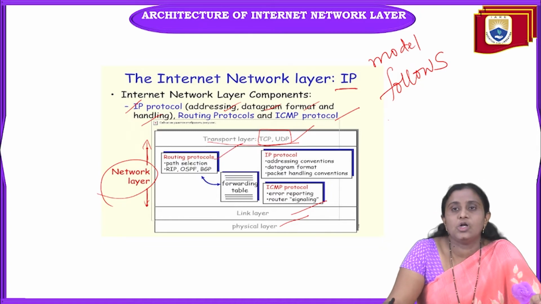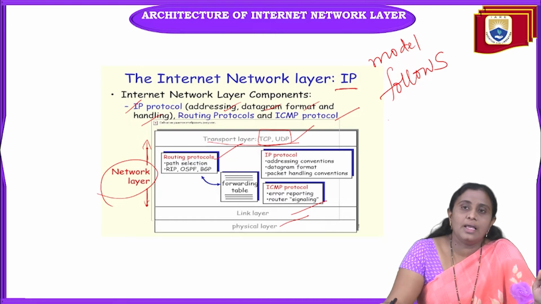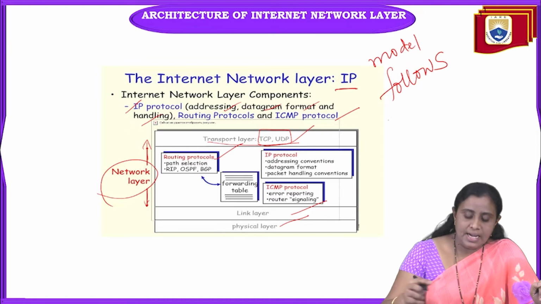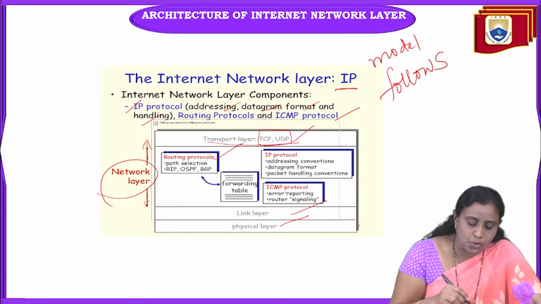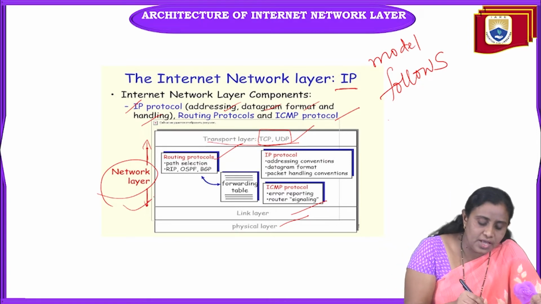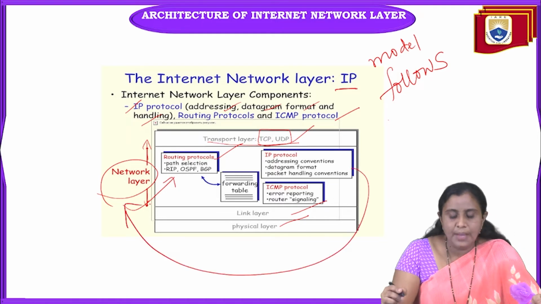What type of protocols? Based on path selection, those protocols are RIP, OSPF and BGP. The next one is maintaining the internet protocols. The first network layer function is this one. The second one is maintaining the IP protocols.